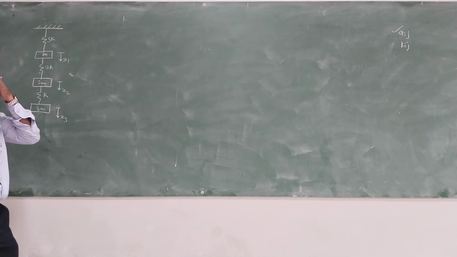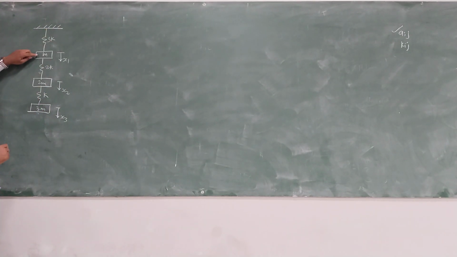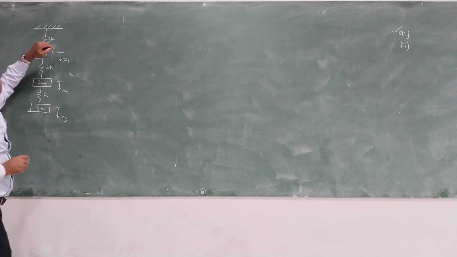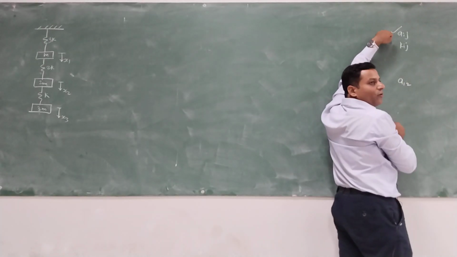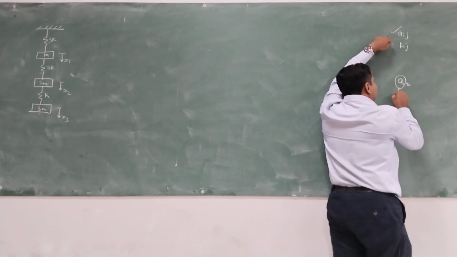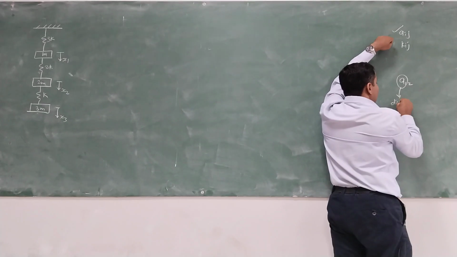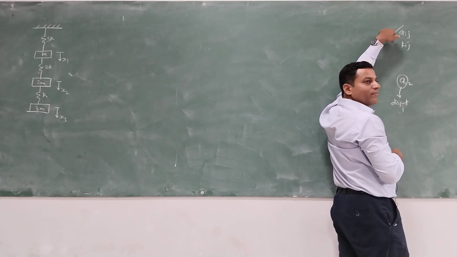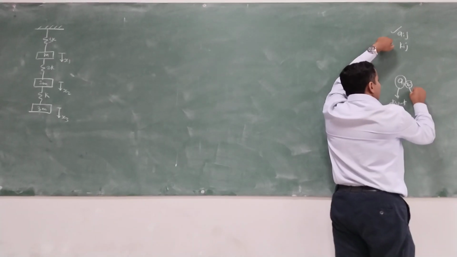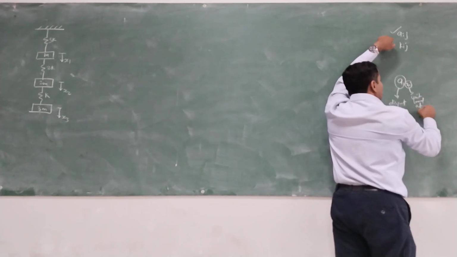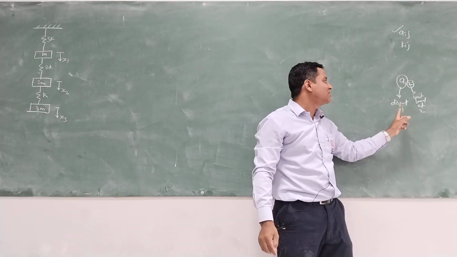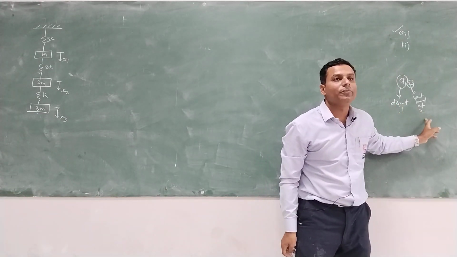So to determine this, first I am going to show the force, because Aij or A12, what does it mean? A12 is displacement at 1 due to unit load at 2, which means we will have to consider displacement and load.